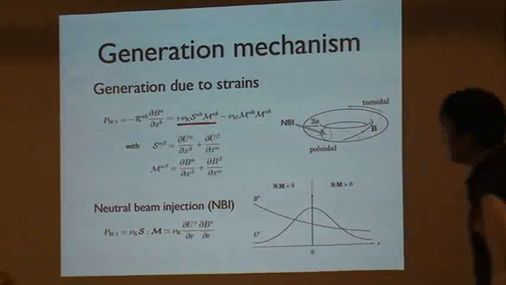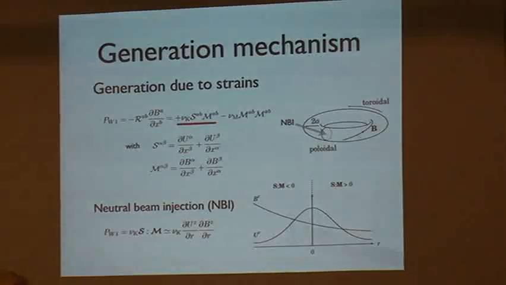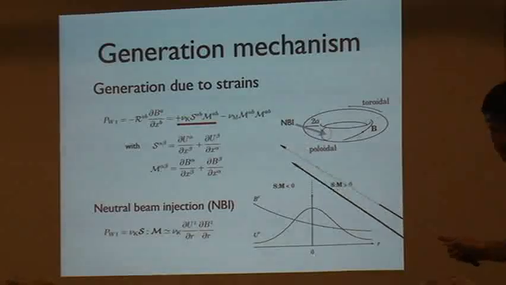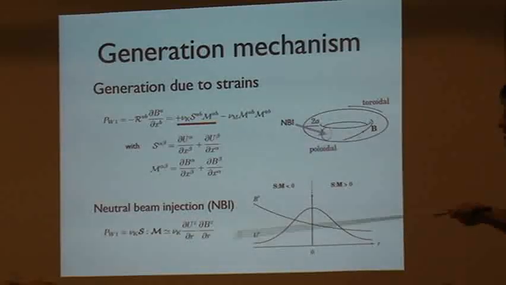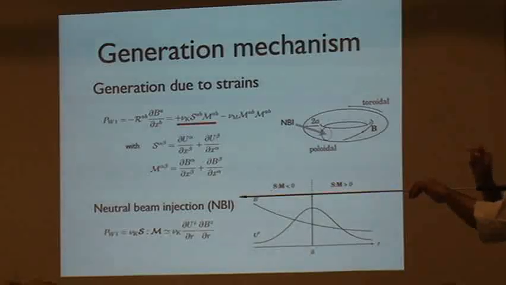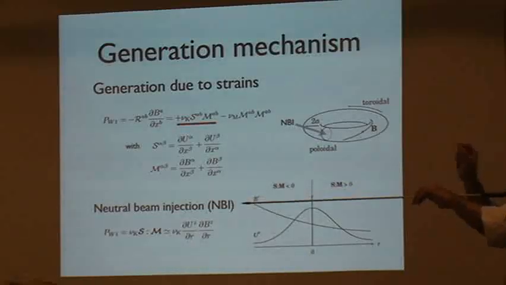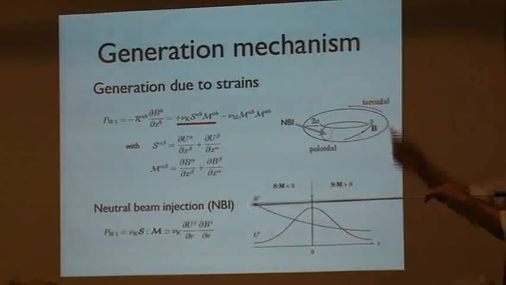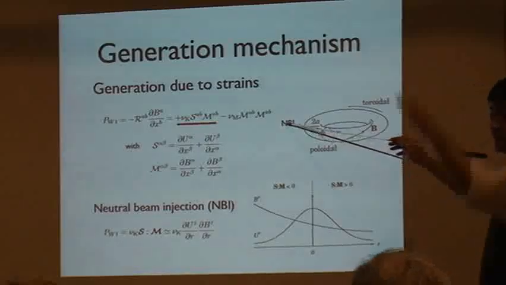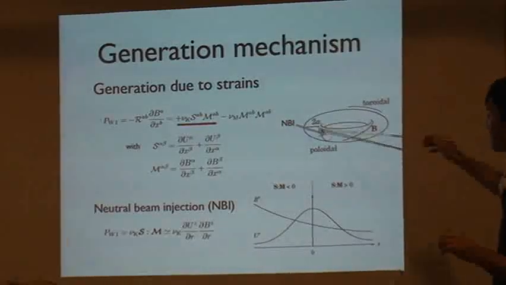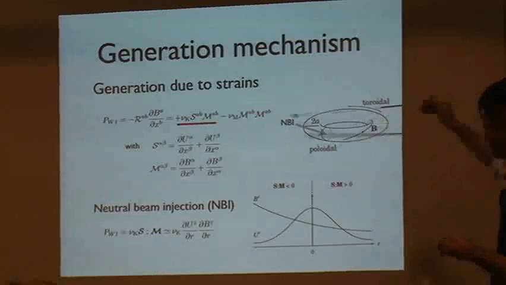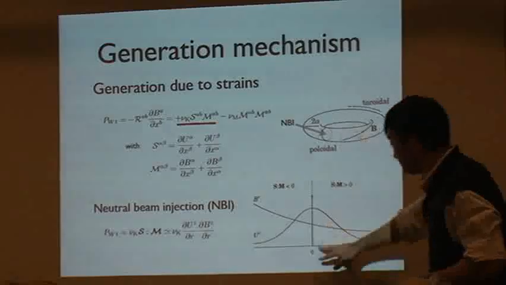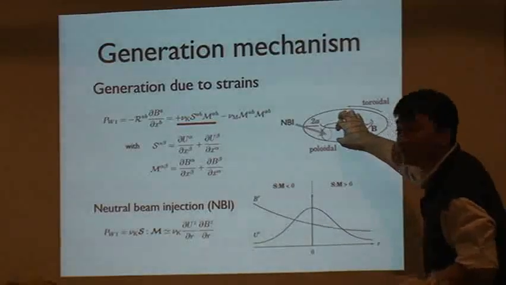I just consider the fusion plasma case. To enhance the confinement and to enhance the temperature itself, neutral beam is injected in the toroidal direction, sometimes in the poloidal direction. In such a case, we consider this cylinder.